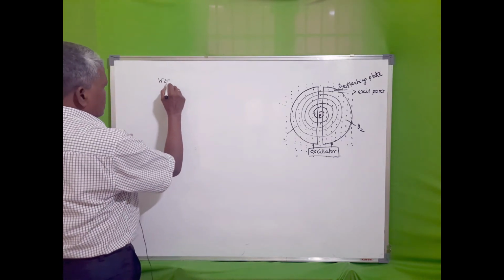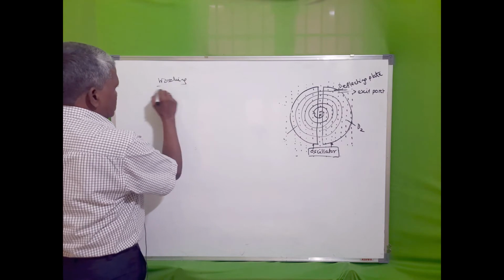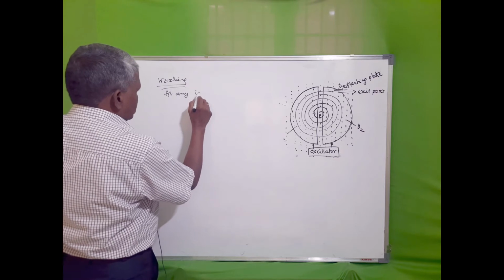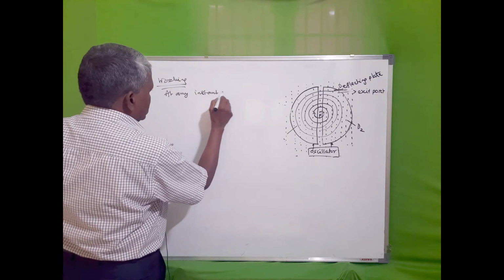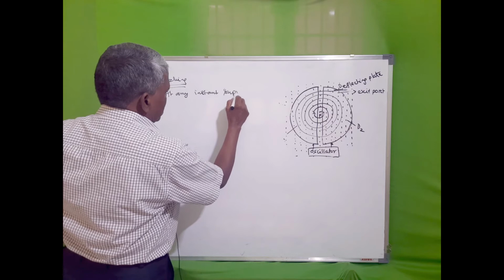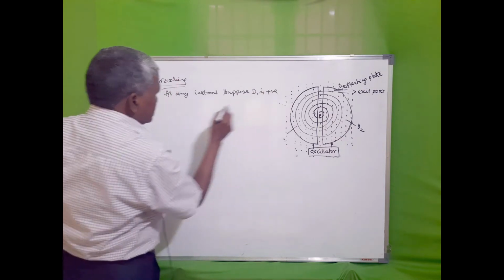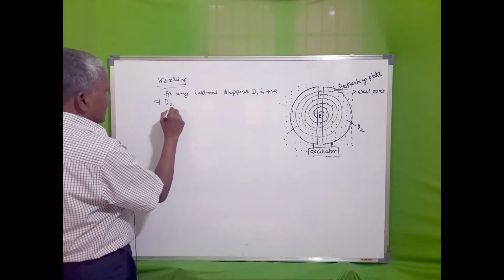Working: at any instant, suppose D1 is positive and D2 is negative.